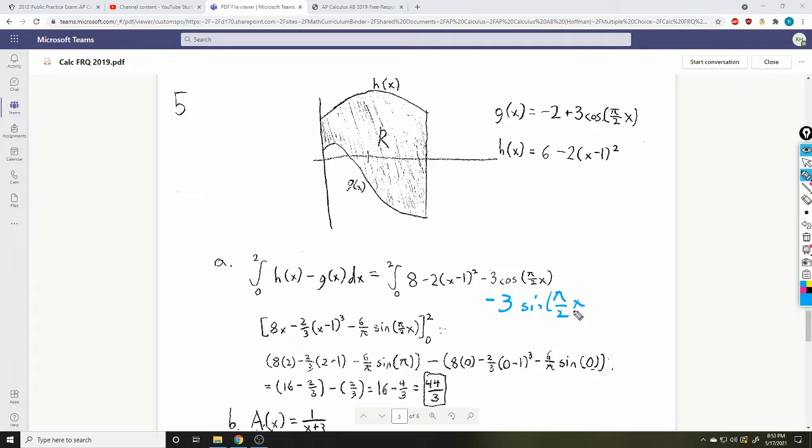But right now, because of the chain rule, I would have a pi over 2 that comes out in front that I don't want. So I need to cancel it out by multiplying by 2 over pi to counteract the pi over 2 happening inside. So that's how I wind up with the 6 over pi happening in here. Rest of the antiderivatives should be more straightforward. And we're through: plug in 2 minus plug in 0. And that's what I get.